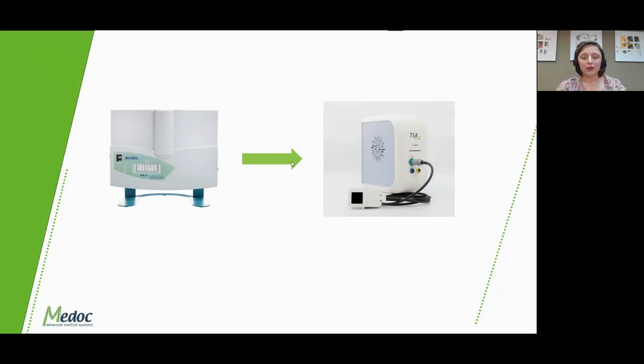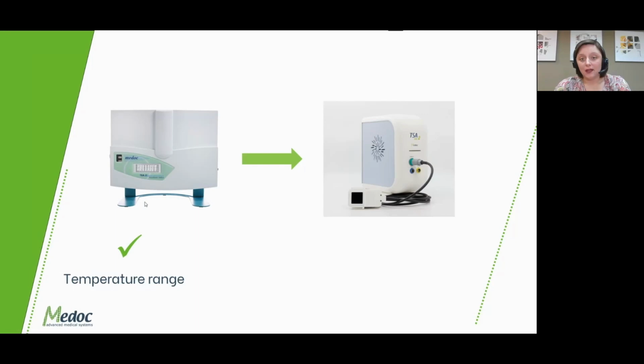And for those of you in the crowd who are already Medoc customers, maybe you have this device on the left on your shelf or on your cart or somewhere near you. This is the TSA device of an old generation. And if you're looking to upgrade to a newer technology, TSA2 Air can be a very nice replacement for or addition to your equipment.